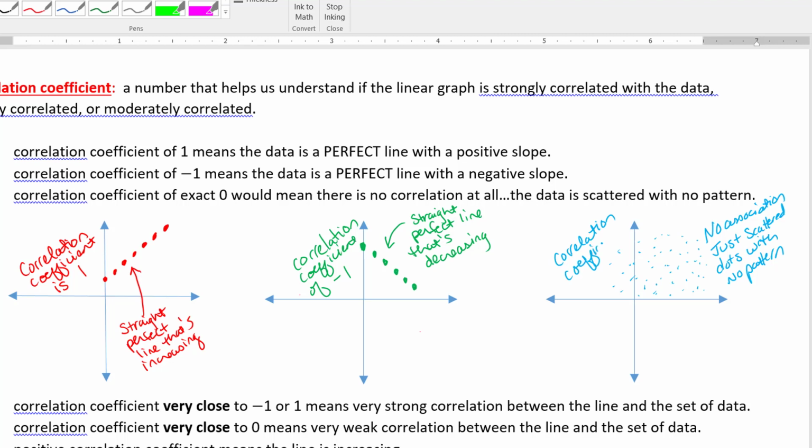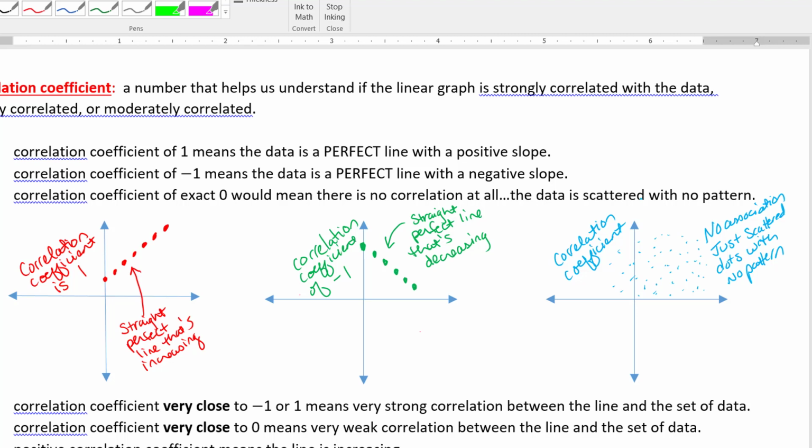Now, in reality, when we go out and we collect a sample, or even if we look at the entire population, you're not going to get correlation coefficients equal to +1 or -1 or exactly 0. In fact, what we'll always tend to get is correlation coefficients somewhere between -1 and +1. But the pattern still holds.